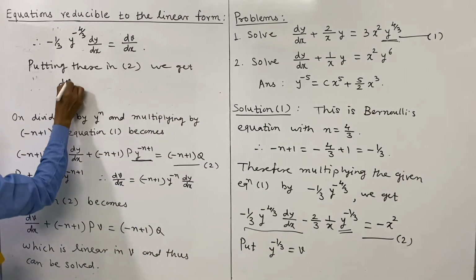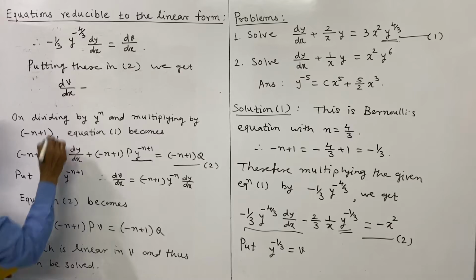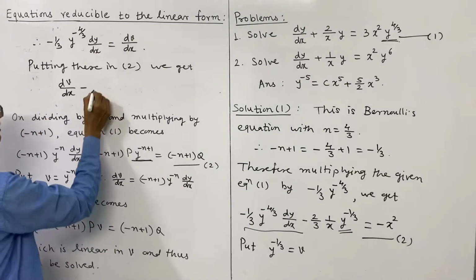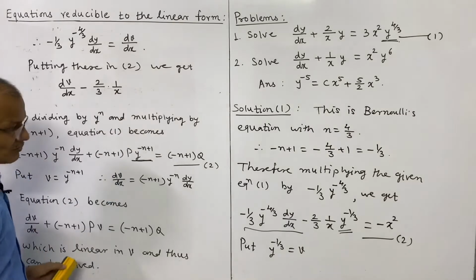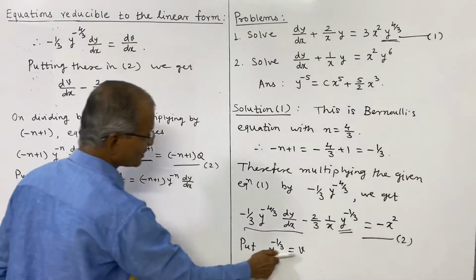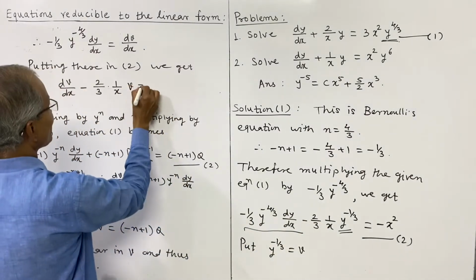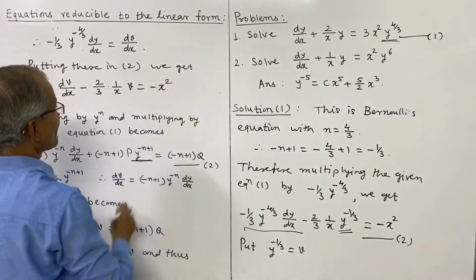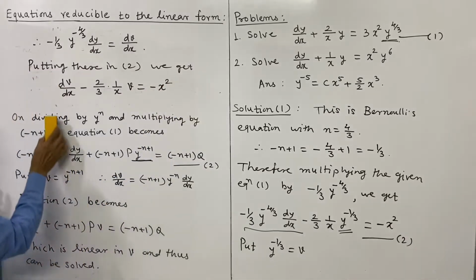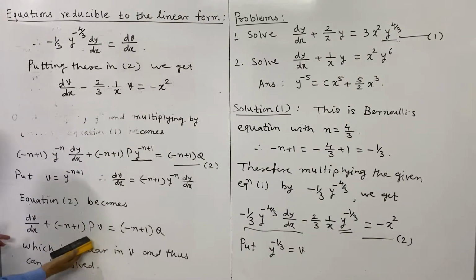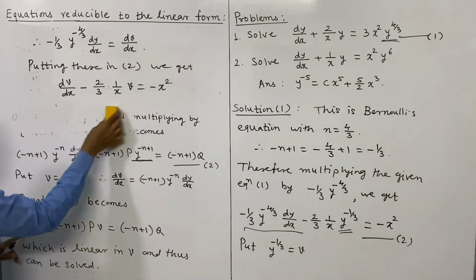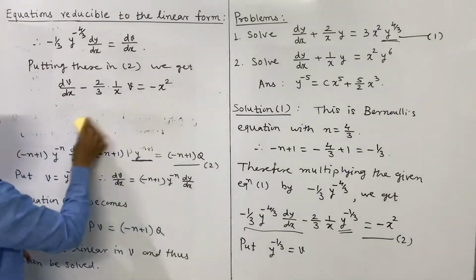So this is here dv by dx minus the second term is 2 by 3 into 1 by x into v, and is equal to minus x square, and this is linear in v. This equation we have written is linear in v. This is of this form, so it can be solved by the earlier method.